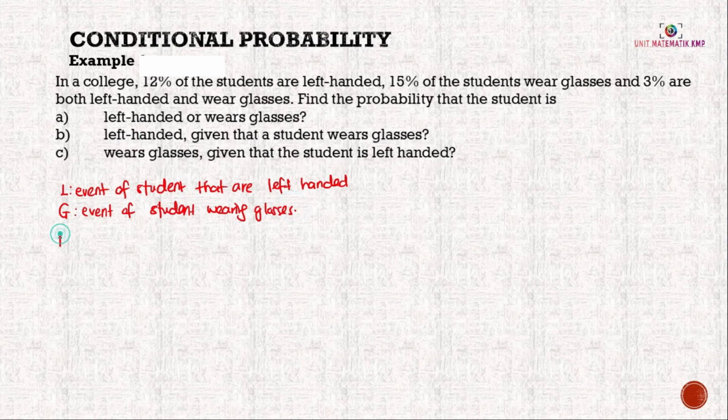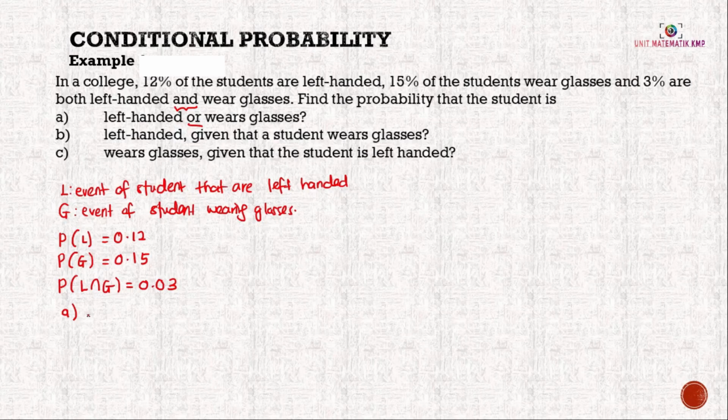So the probability of a student being left-handed is 0.12, we convert it into decimal. And the probability of a student wearing glasses, P(G), is 0.15, and 3% are both left-handed and wear glasses. So probability of L intersect G is 0.03.